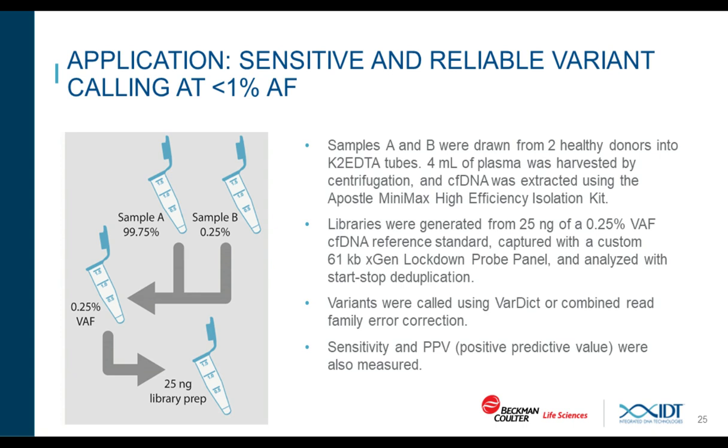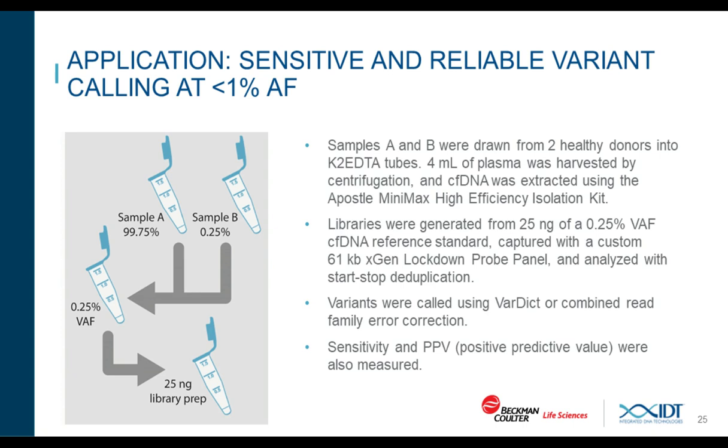Looking at the infographic cartoon on the left-hand side, samples A and B were drawn from 2 healthy donors into K2 EDTA tubes. 4 mLs of plasma was harvested by centrifugation, and cell-free DNA was extracted using the Apostle MiniMax high-efficiency isolation kit. Sample B was spiked into sample A to create an allele frequency of 0.25%.